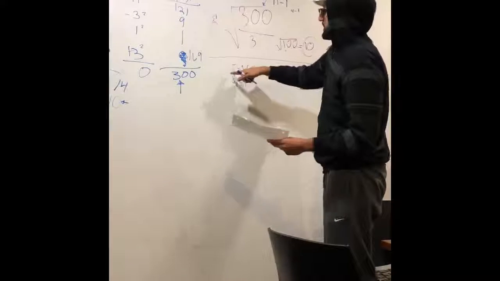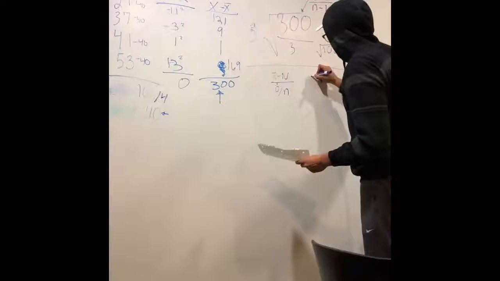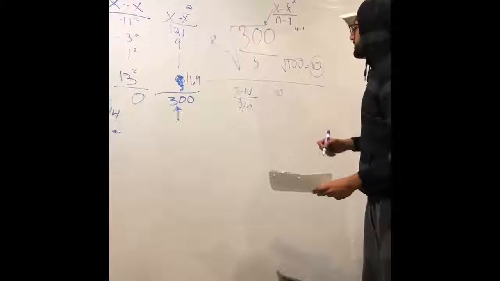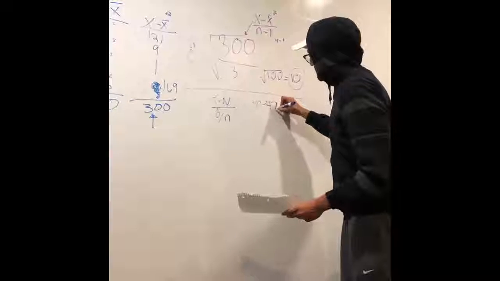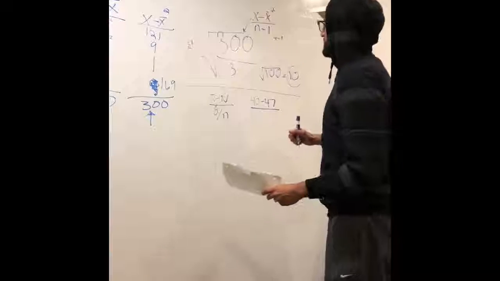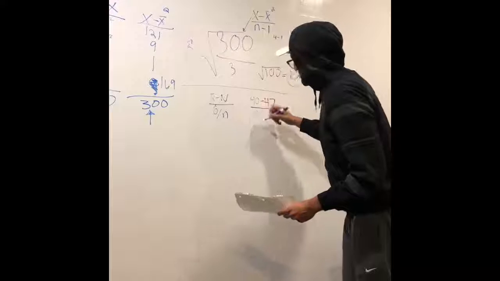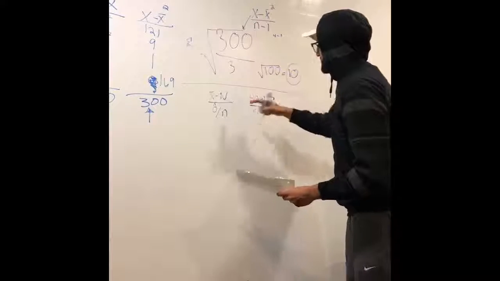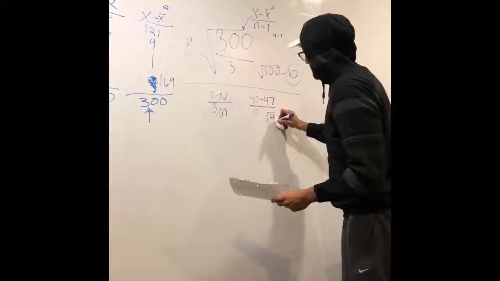The mean right here is 40, and we also need the original mean from the problem, which is 47. Then we get the standard deviation, which is 10, and it goes over the square root of your n, which is 4.